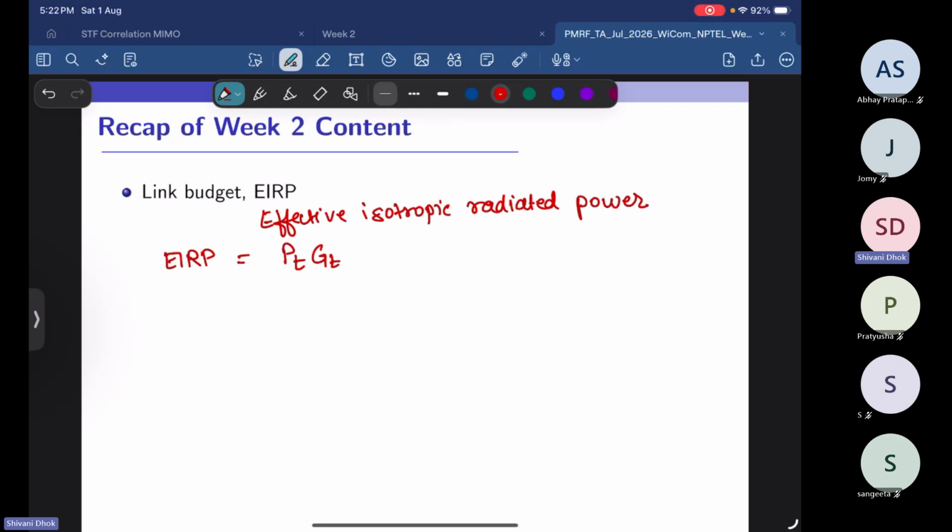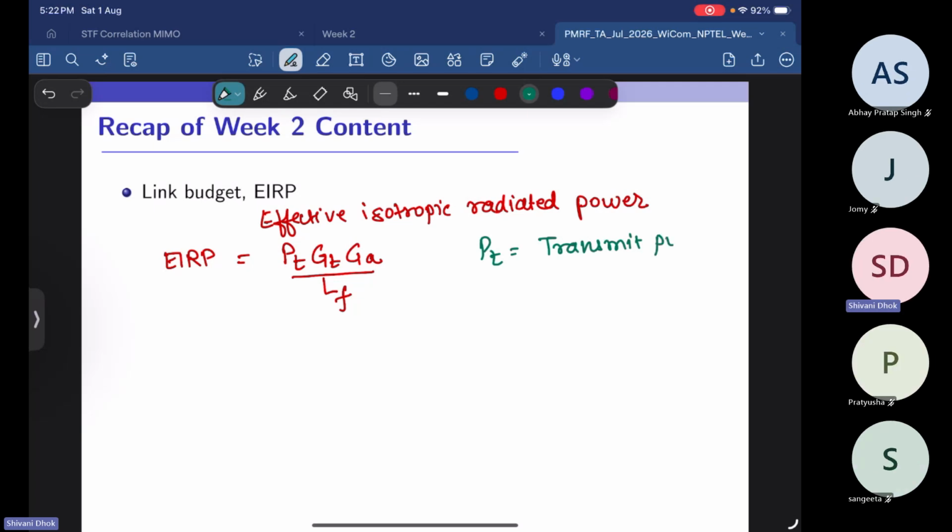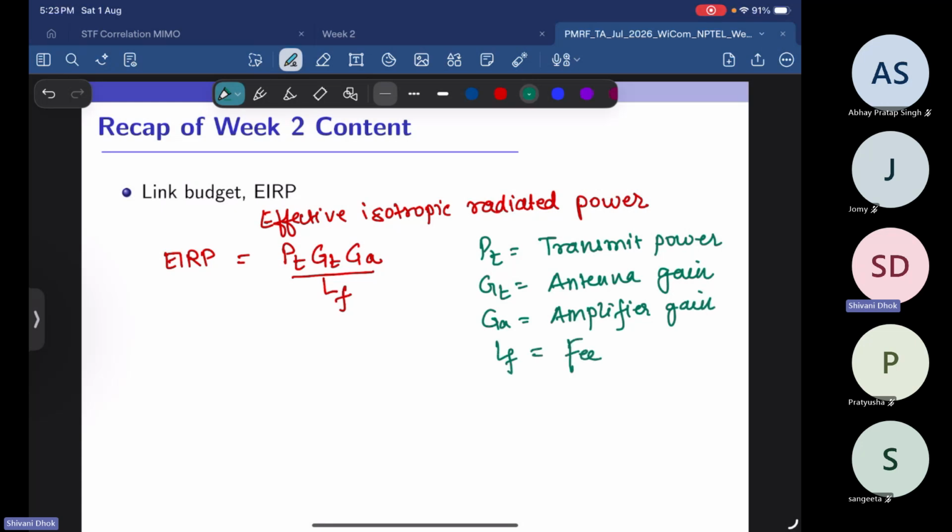Then if you have an amplifier, you can have an amplifier gain, and that will be hurt by your feeder loss. So here PT is the transmit power, GT is the antenna gain, GA is your amplifier gain, and LF is the feeder loss.